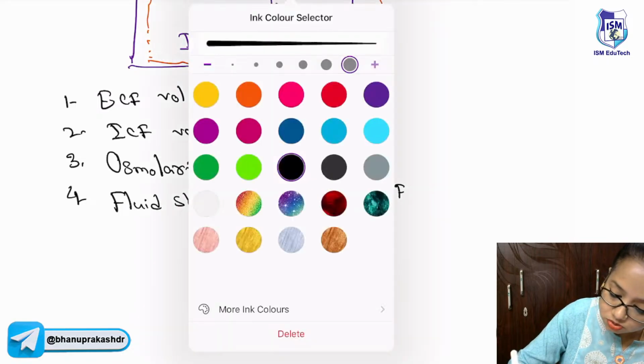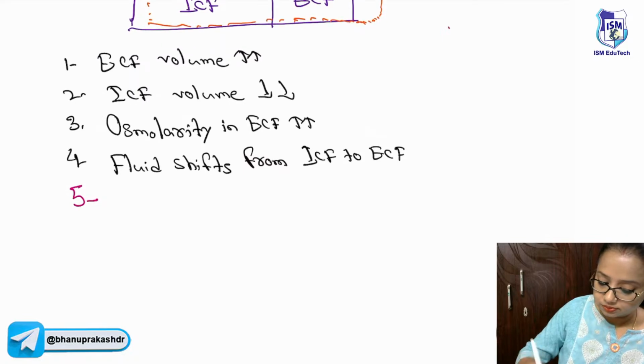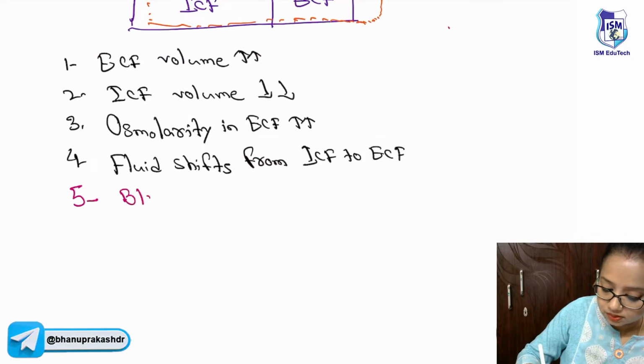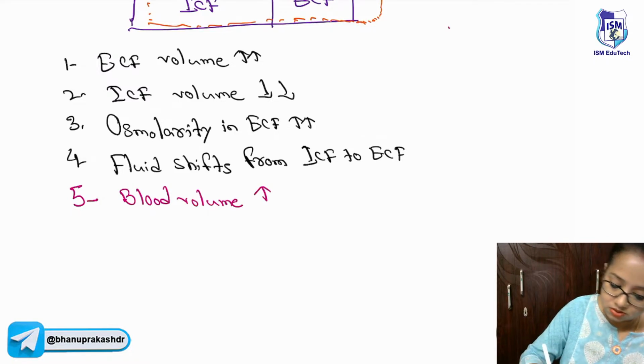Now, what happens to our blood pressure? Here, the blood volume increases. Blood volume increases.